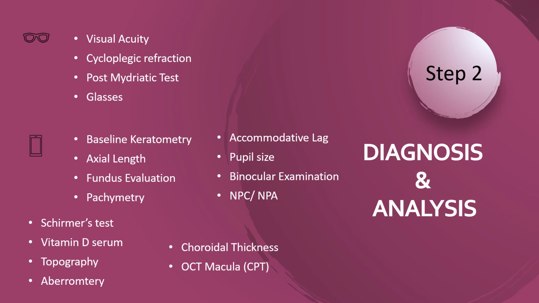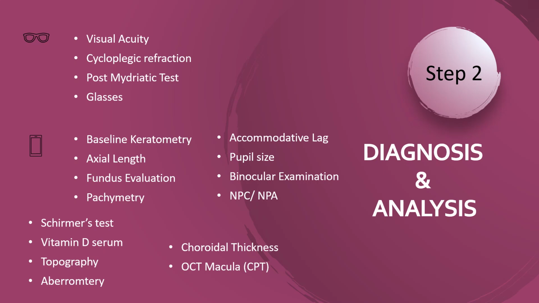Regardless, we have to take a baseline pupillary size, baseline accommodative lag, and a baseline binocular examination, whether the patient had an esophoria or exophoria, and this has to be evaluated after giving glasses so that there is no new problem which occurs because of our intervention to control the progression of myopia.